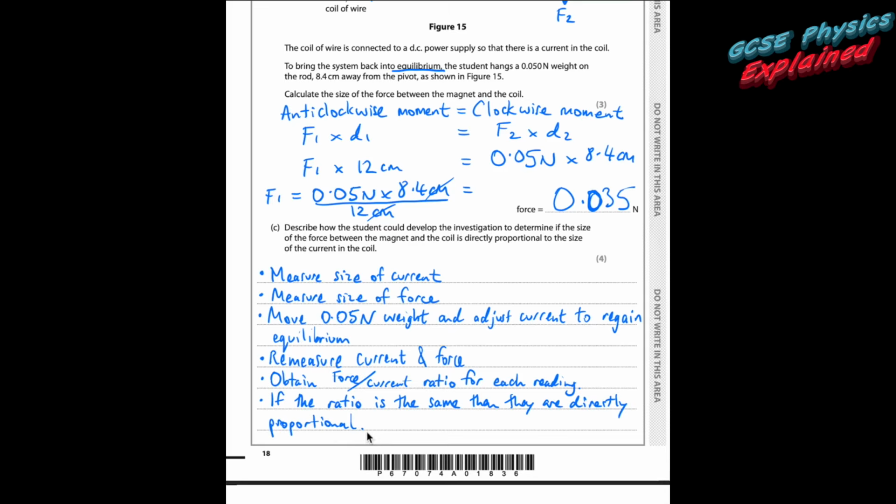The other thing you could have done is, once you've done these steps here, you could then just plot a graph of force against current, and if you get a straight line through the origin, then you know it's directly proportional.